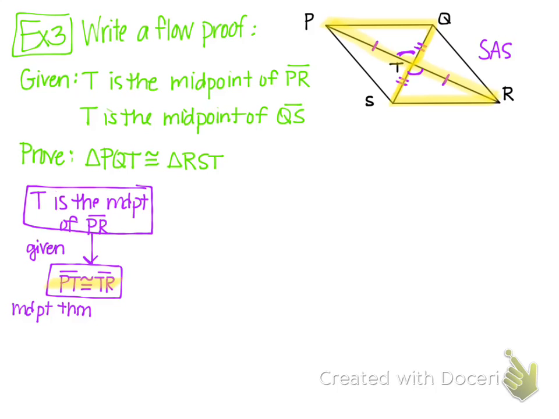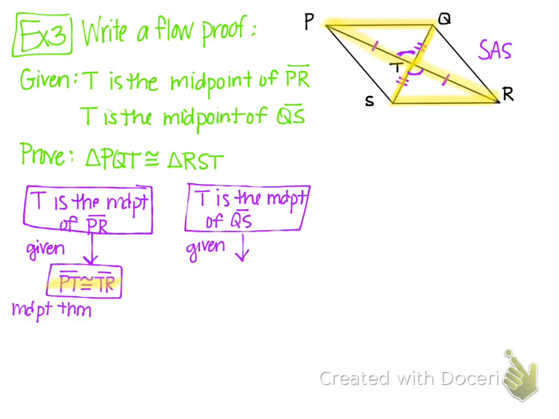So let's do the other given. The other given says T is the midpoint of QS. So we're going to start a new column. That's our statement, so it goes in a box. And the reason for that one is given.